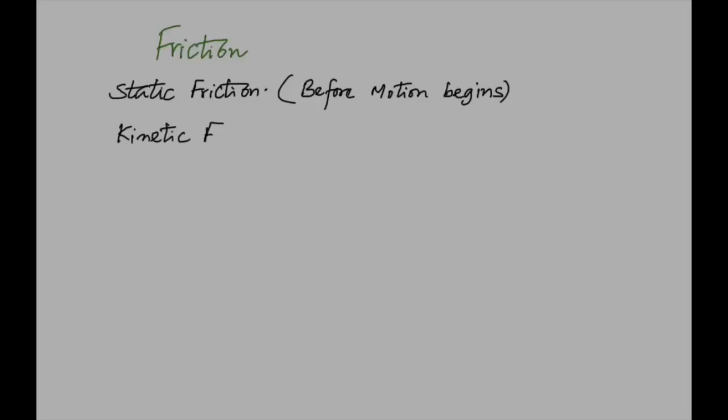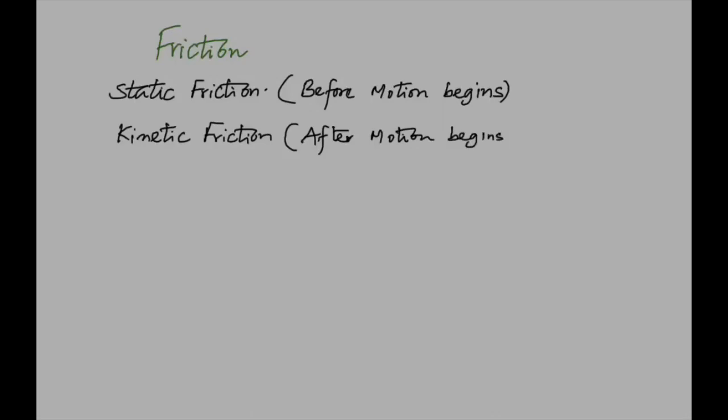Remember, friction always opposes motion. But if two objects are at rest relative to each other, it's static friction. Or static friction is the friction before motion begins. And kinetic friction is the friction after motion begins. And always remember that kinetic friction is less than static friction.